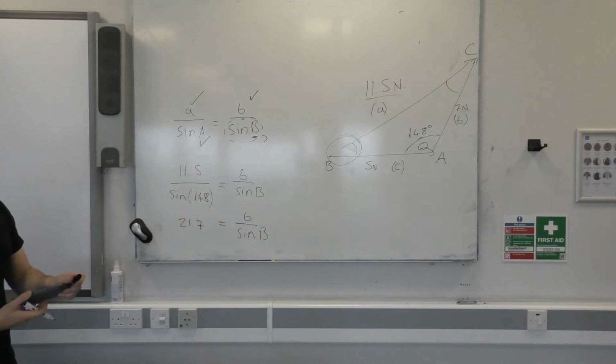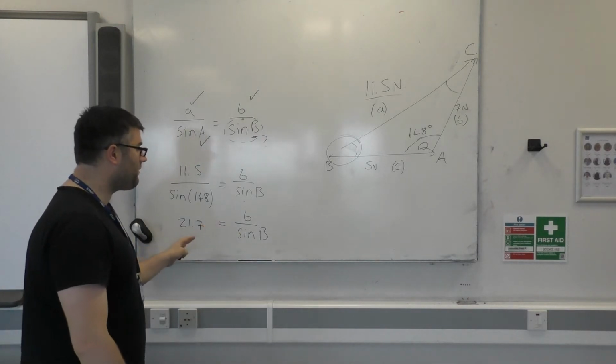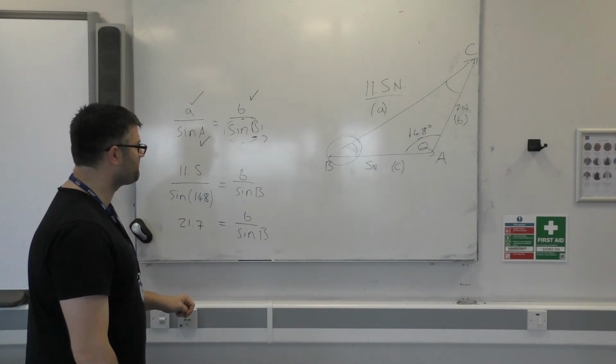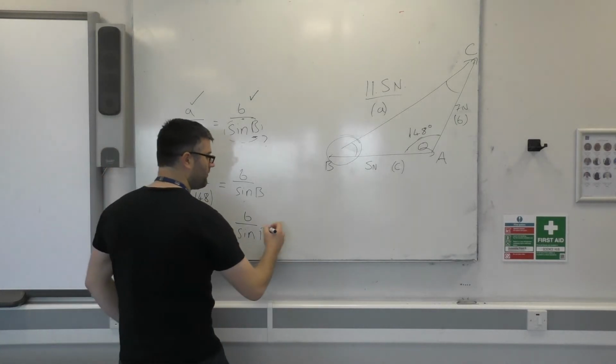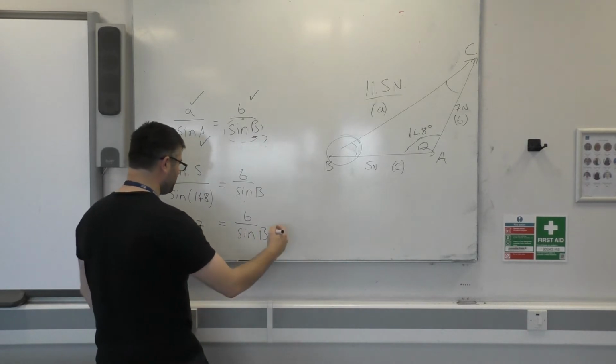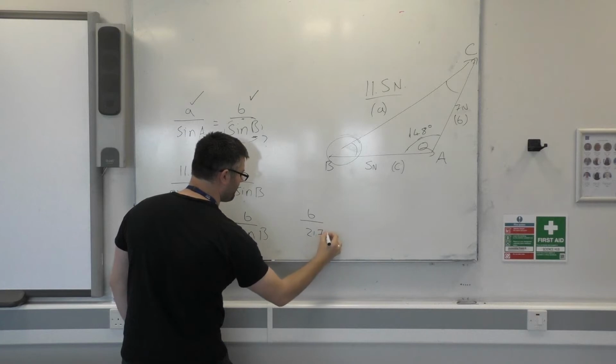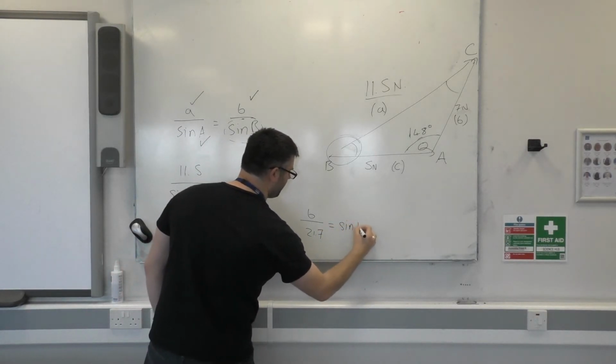At this stage, we're not too far off my final answer, but there's a few little extra tricks. So how am I going to rearrange this? I'm going to say B over 21.7 is equal to sine B.